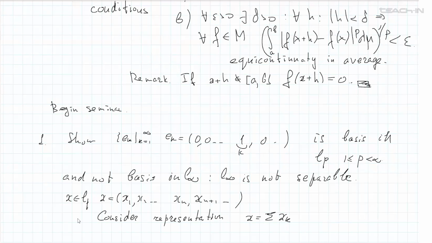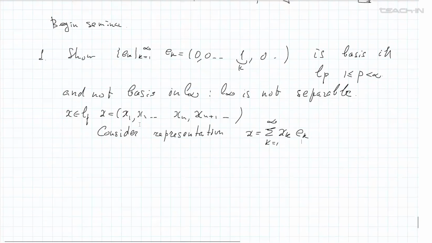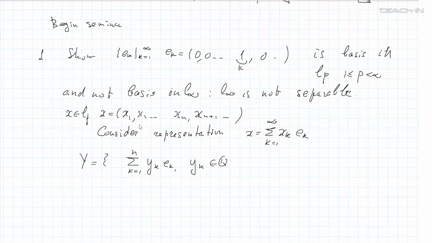Of course, the system e_k is linearly independent, yes. Let's consider the set Y, capital, with rational coefficients, and n is an arbitrary natural number. What can you say about its cardinality? Oh, sorry, I just began to prove that it is separable.